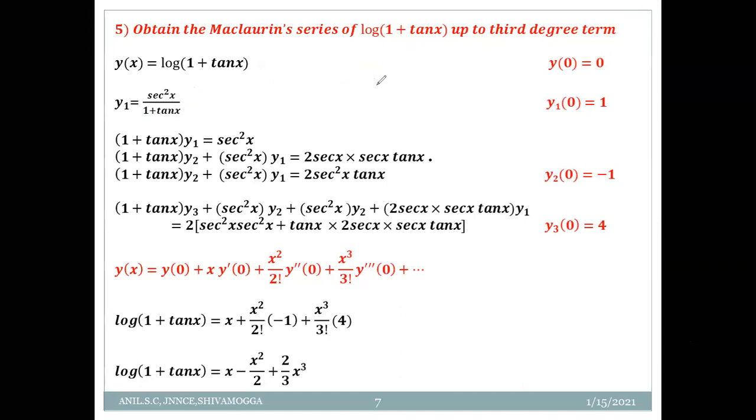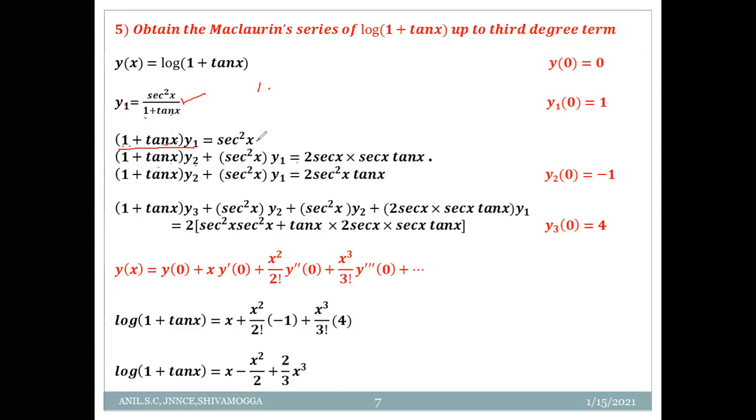Next, to find the second derivative, first we shall simplify this. 1 plus tan x into y1 is equal to secant square x. First we shall differentiate this part using the product rule, treating this as the first function and this as the second function. 1 plus tan x, the first function, into the derivative of y1, which is y2, plus the second function y1 into the derivative of 1 plus tan x, where 1 is a constant, its derivative is 0, and the derivative of tan x is secant square x.